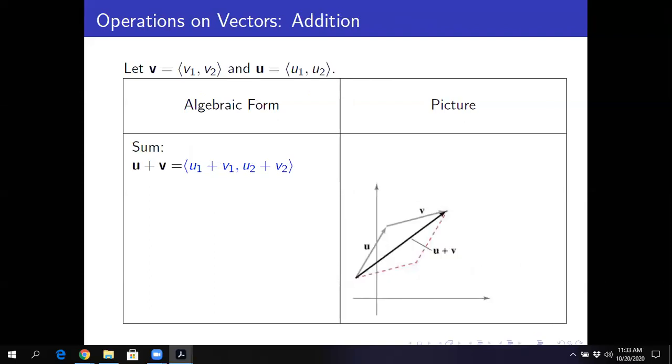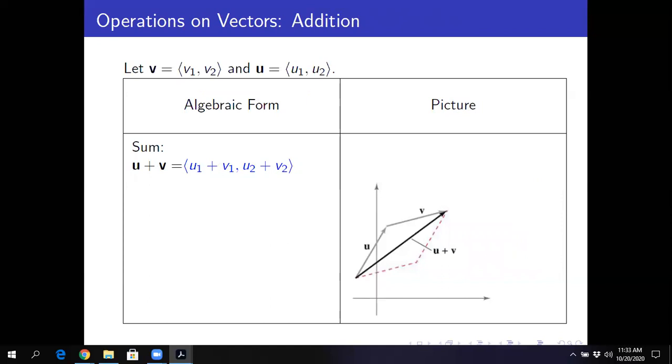Let's talk about adding 2 vectors together. If I add 2 vectors, what I'm doing is combining their displacements in both the x and the y directions. So I'm saying, what's the combined x displacement? Well, you have to add the x coordinates together. And similarly, what is the y displacement?